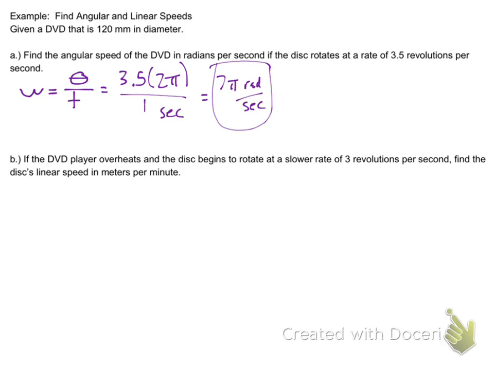Now, part B asks us, hey, the DVD player is starting to overheat. It begins to slow down. We're only at 3 revolutions per second now. Find the disk's linear speed in meters per minute. Well, first of all, everything we know about this is not in meters per minute. It's in something else.